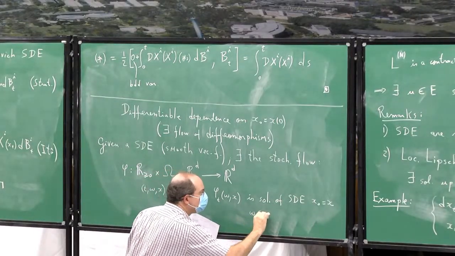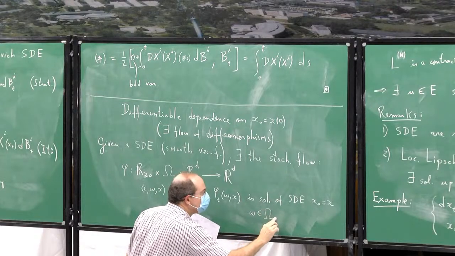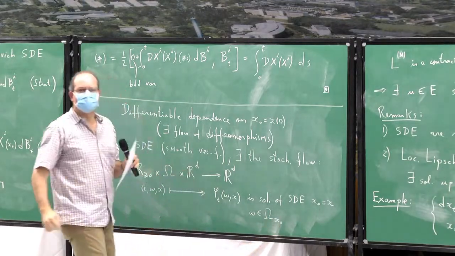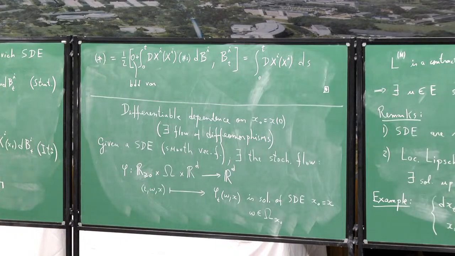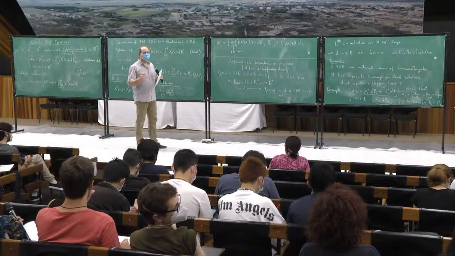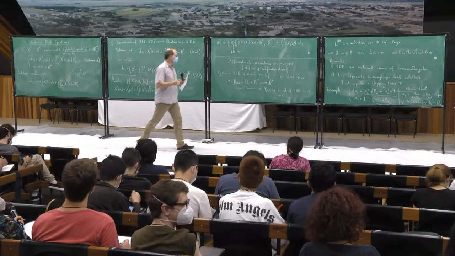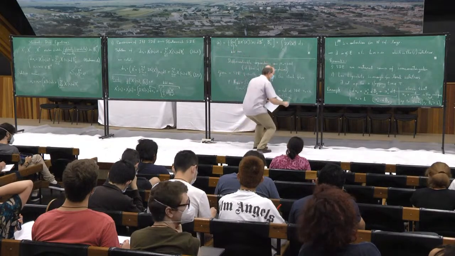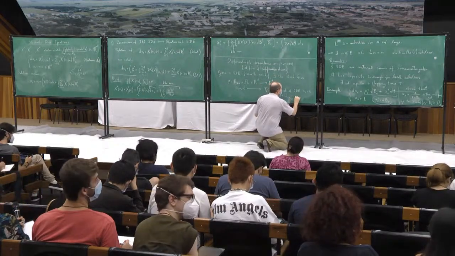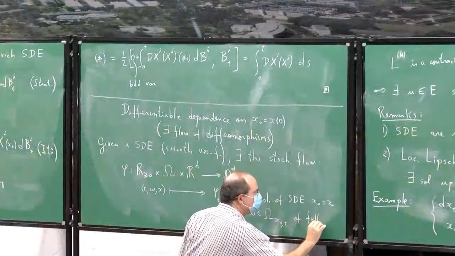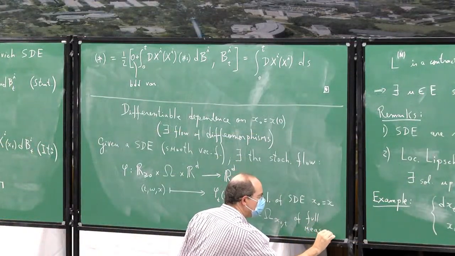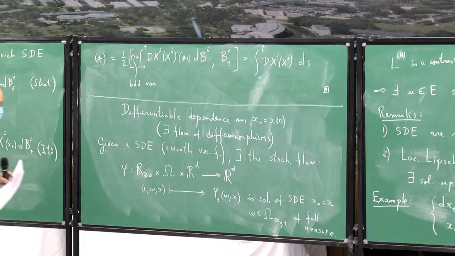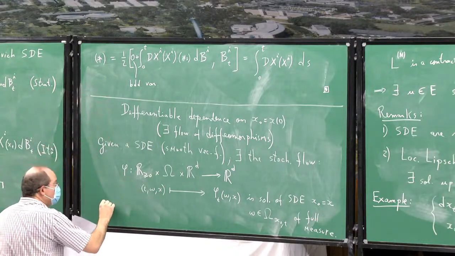Omega is in a set of full measure, which depends on x naught, and depends on the initial condition, and depends on omega and on t, of full measure, which satisfies the following condition: that phi t of omega is a diffeomorphism.